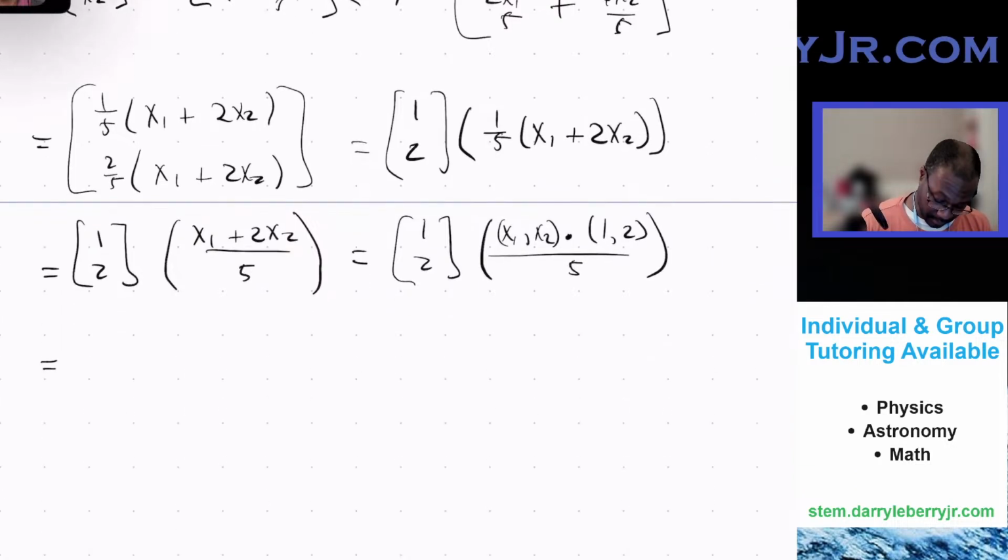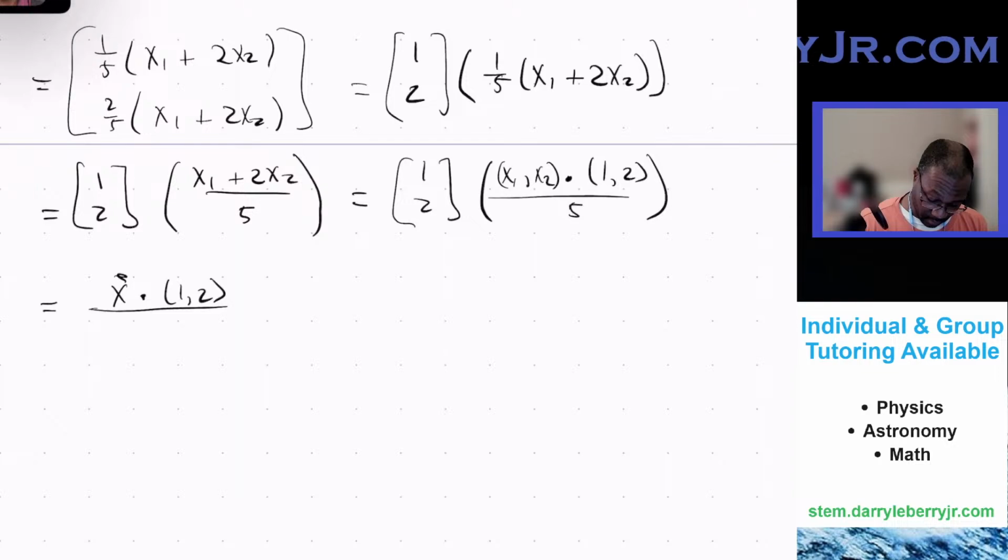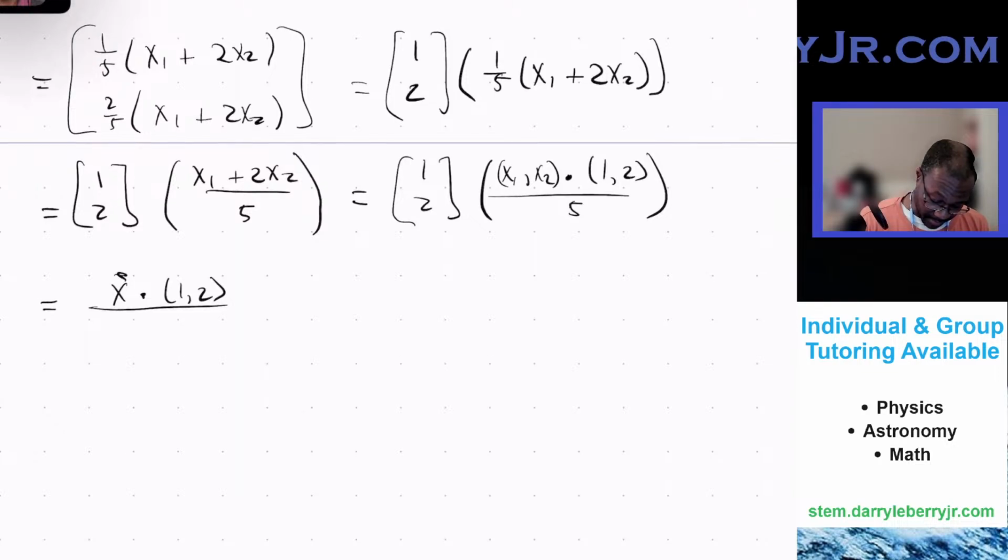So that equals x dot 1, 2 over the square root of 1 squared plus 2 squared, which is still times the vector.